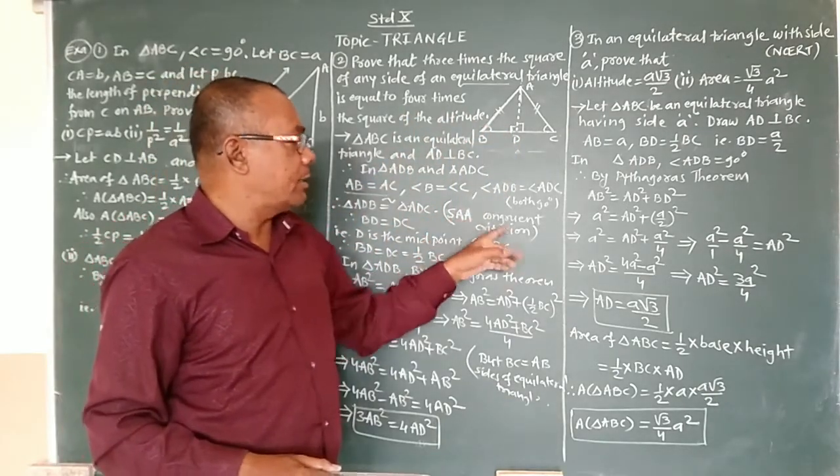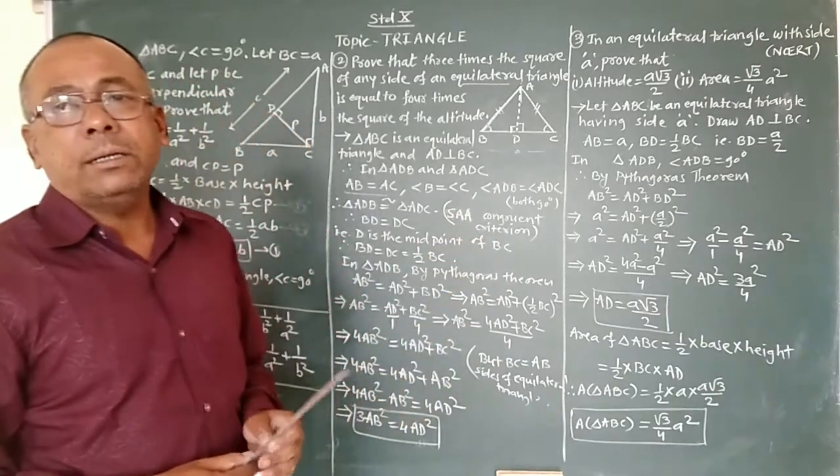Therefore, by SAA criteria, both the triangles are congruent.